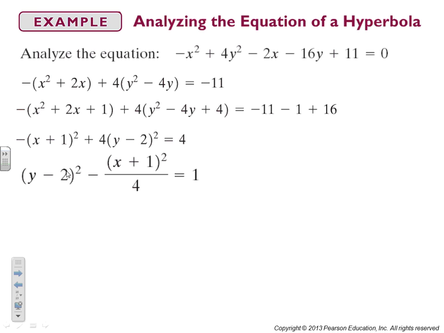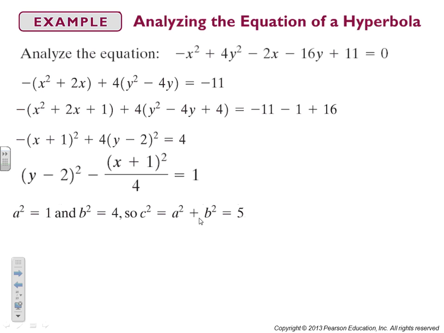And I put my positive term first and my negative term second so that I have it in proper hyperbola form. I can see that my center is at negative 1, 2. My a is 1 and my b is 2.